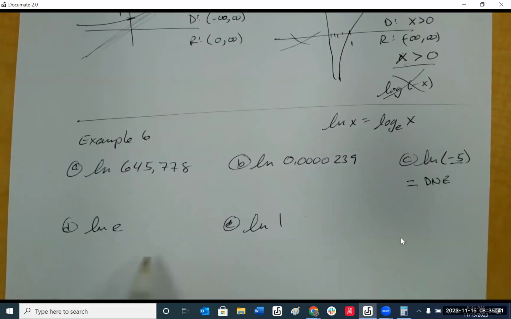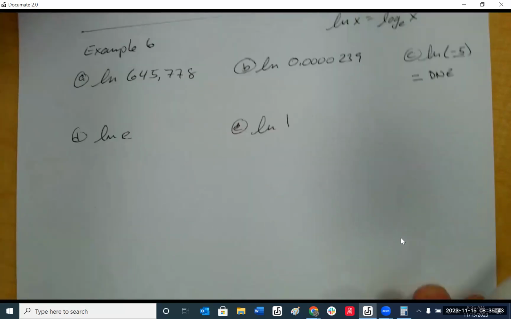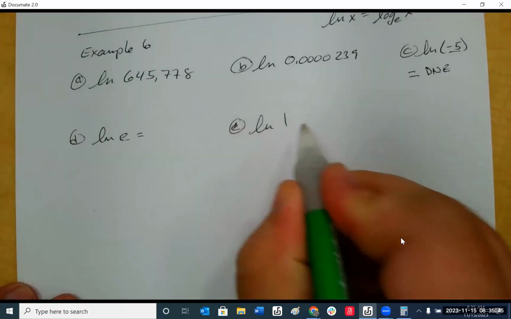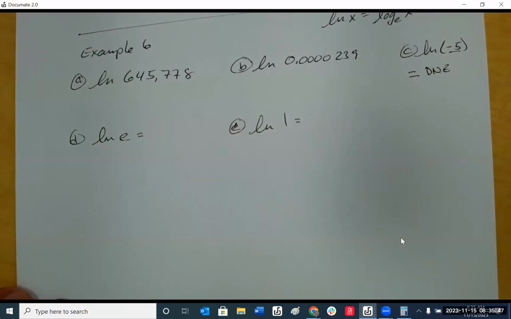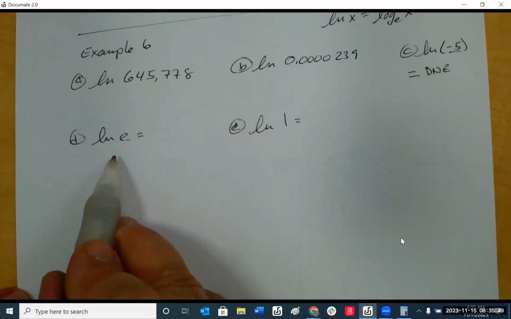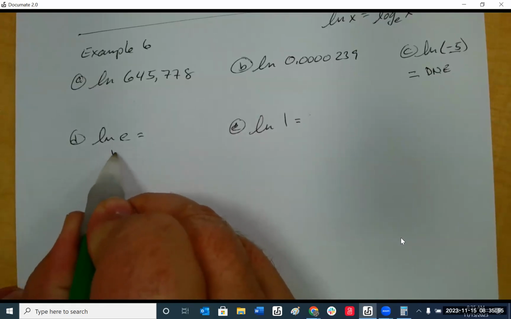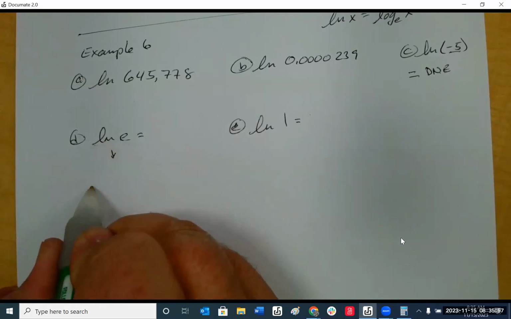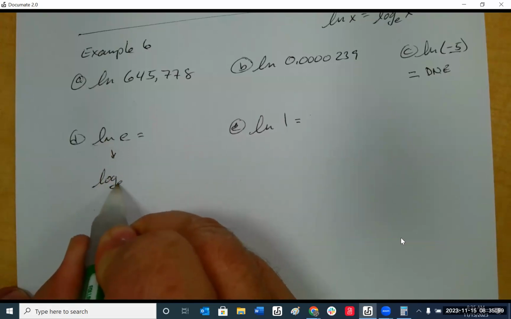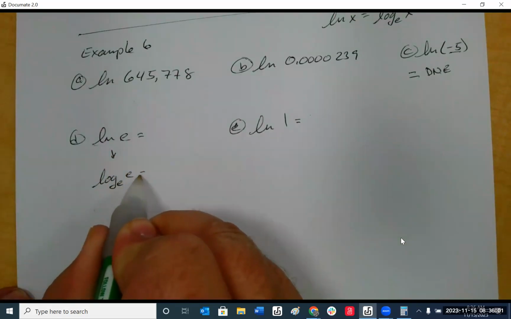How about these? What's this one going to be? You don't see it just yet. ln is log base e of e.